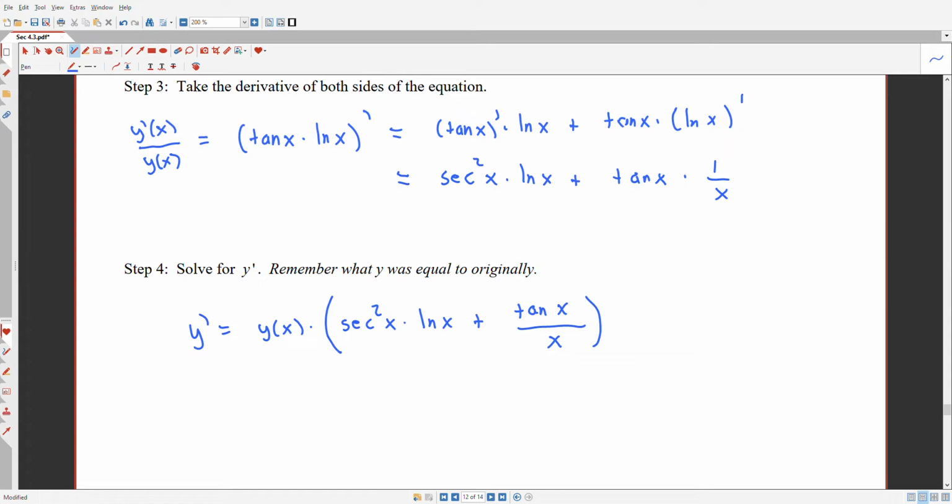And we just need to plug in what y of x was originally equal to. y of x was equal to x to the tangent x. So here is an expression for the derivative of this weird function x to the tangent x.